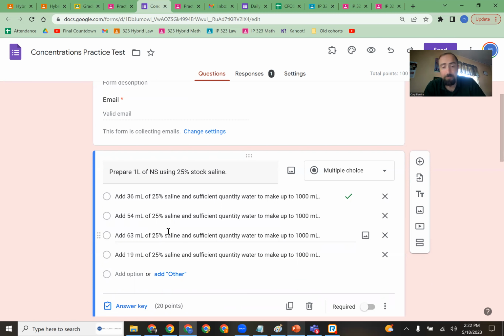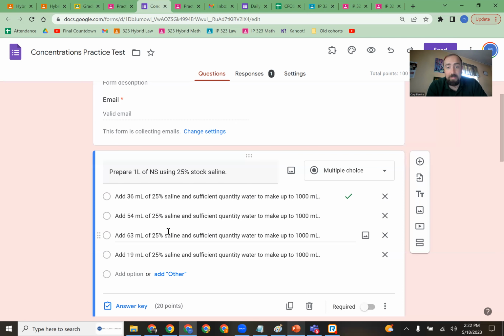The rest is water. But the part that makes it saline is the salt, that 25% of 63 ml. So we do 63 times 0.25. So there's 15.75 ml of sodium chloride in that stock solution, that's 25%.